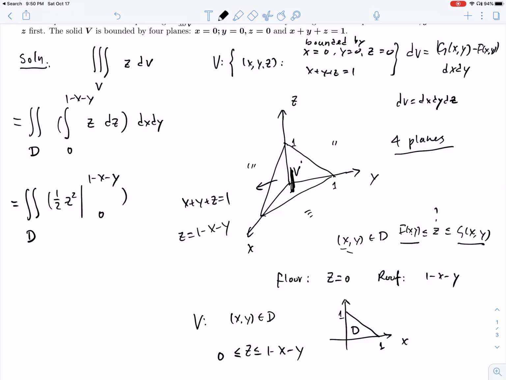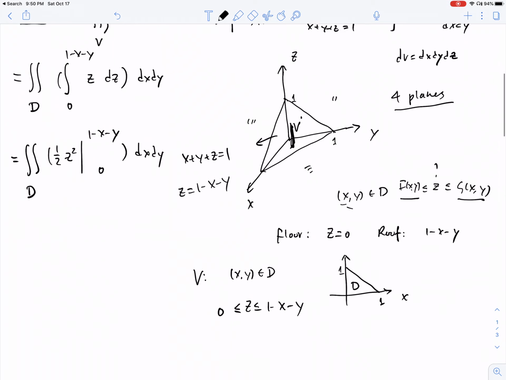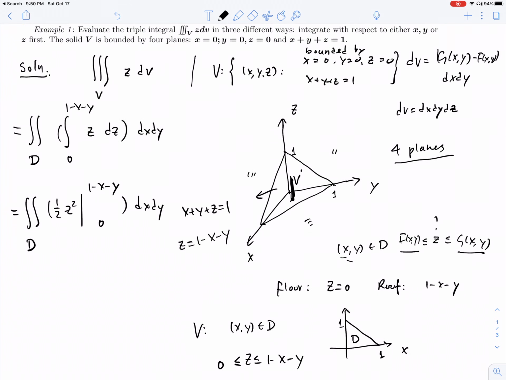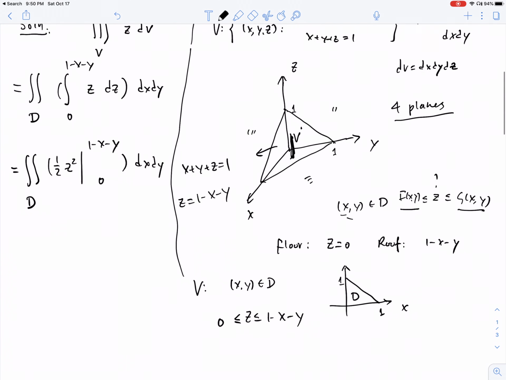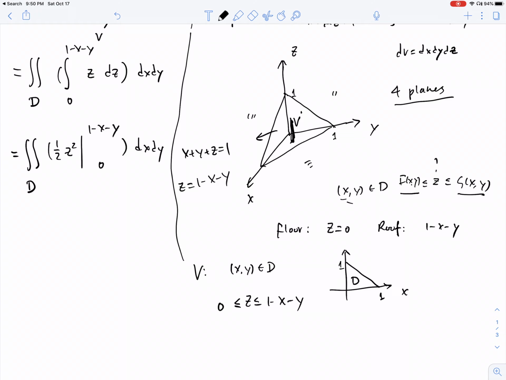And then we have dx dy, right? That's what we have. So let me actually divide this part into 2. Try to see if we can finish the computation over here. And then this is what we have, and D over here. This is 1/2 (1 minus x minus y) squared, and then we have dx dy.